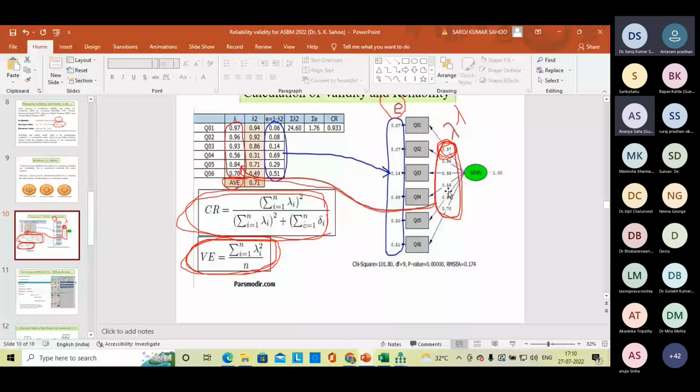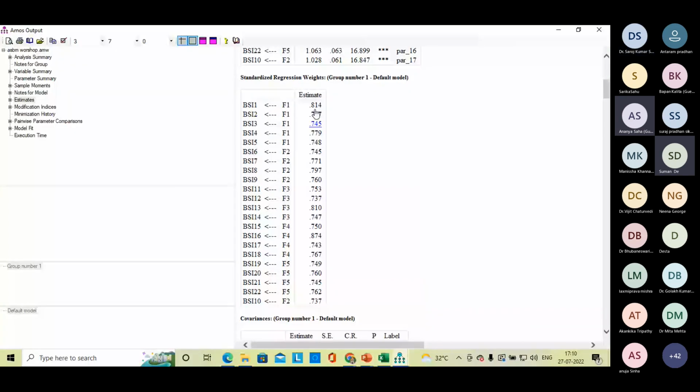So let me repeat: lambda values are nothing but regression weights. Look at my cursor movement. Lambda value of BSI 1 is 0.841. Lambda value of BSI 2 is 0.747; you can take it as 0.75.